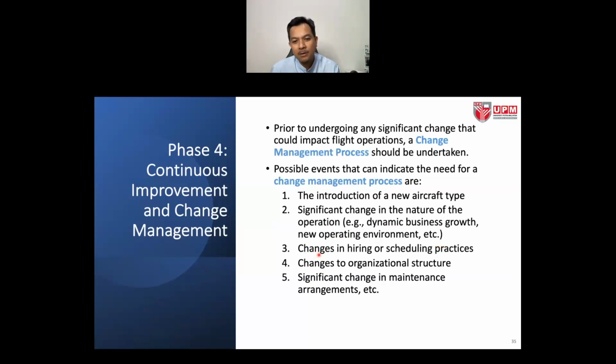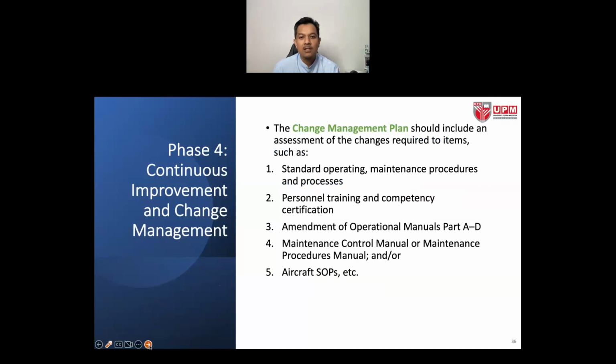So that's just an example. Changes in hiring or scheduling practices, changes to organizational structure, or significant change in maintenance arrangement. So those are possible events that can indicate the need for a change management process.